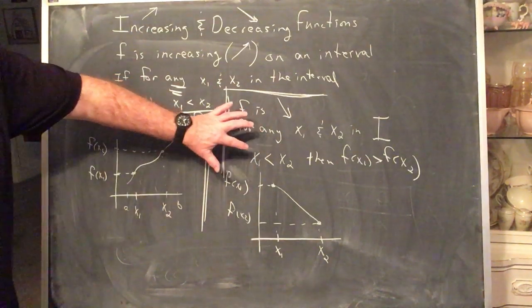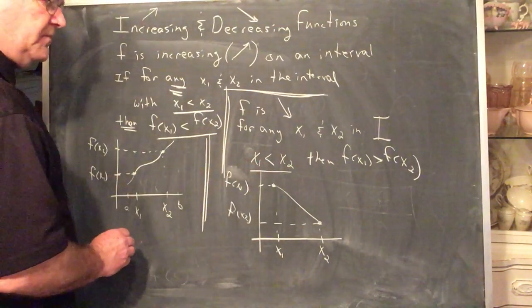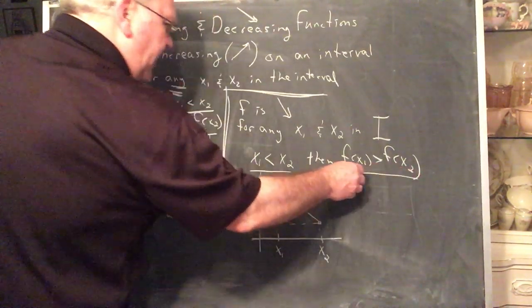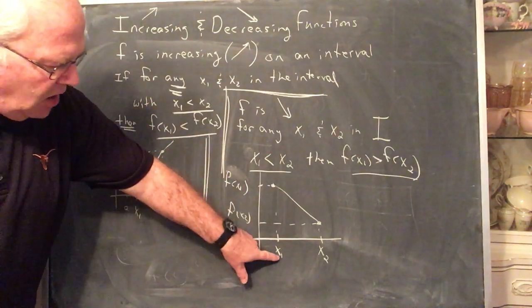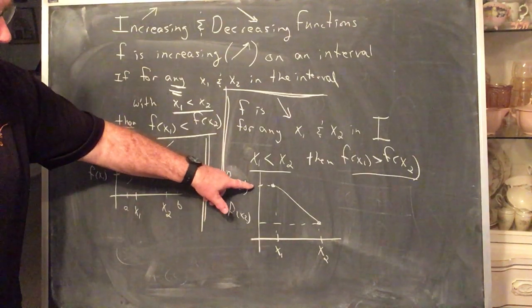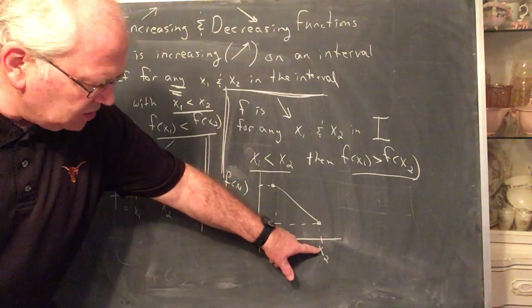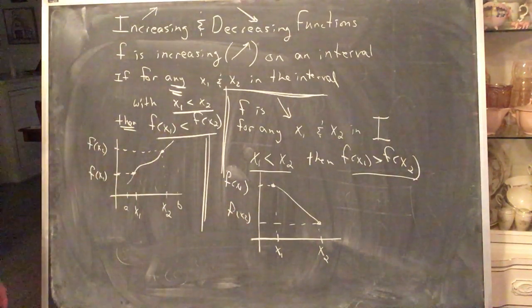But here the relationship is reversed. x1 less than x2 implies f of x1 is greater than f of x2. Small values on the x-axis correspond to large values on the y-axis, and large values on the x-axis correspond to small values on the y-axis.